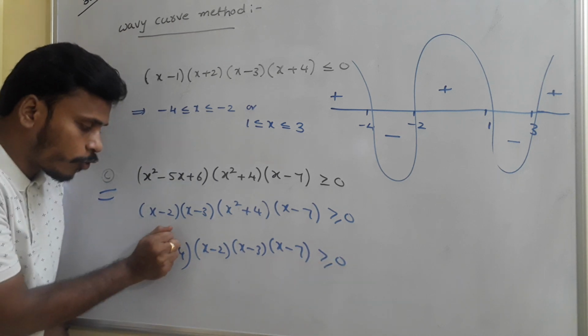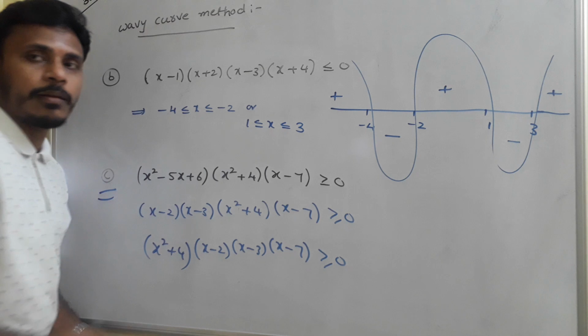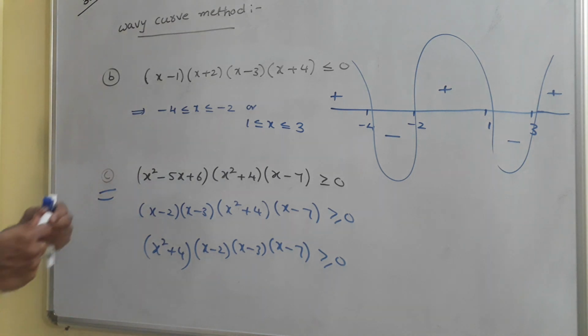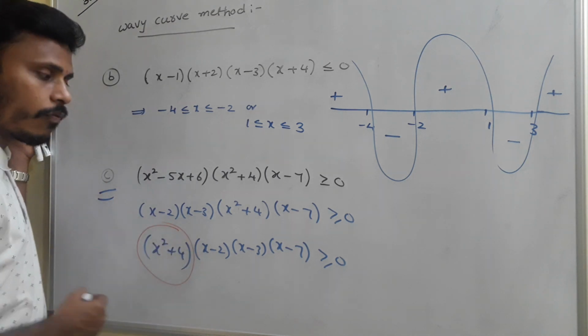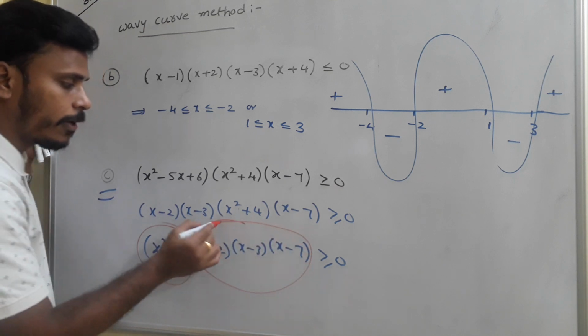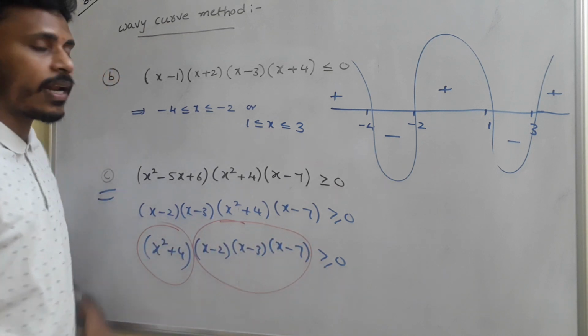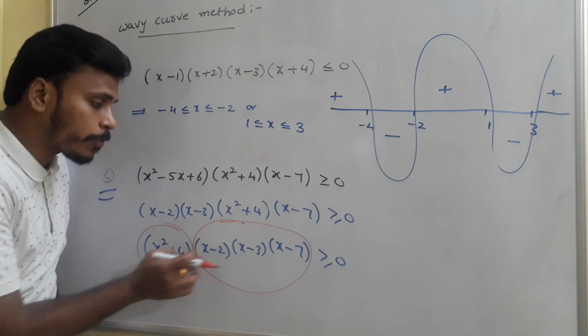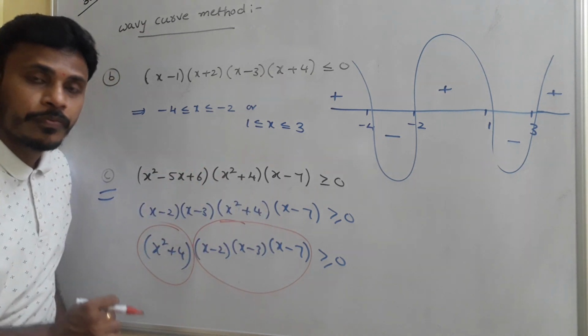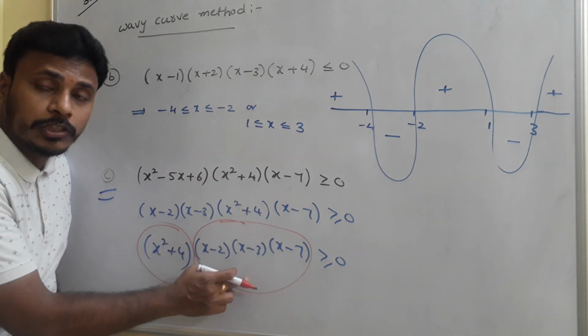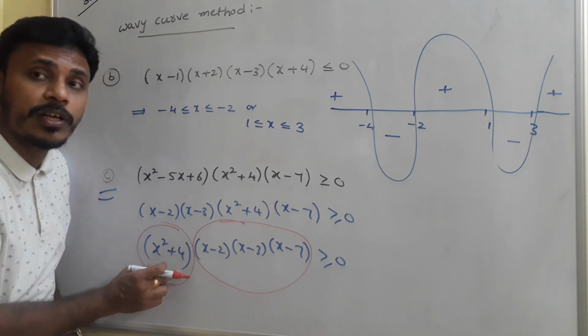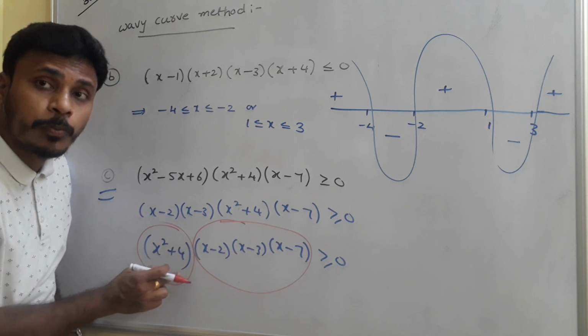This x square plus 4 is one quantity and these three terms are another part, and the product of these two is greater than or equal to 0. In the sense, the product of these two is positive and we know that this one is always positive.